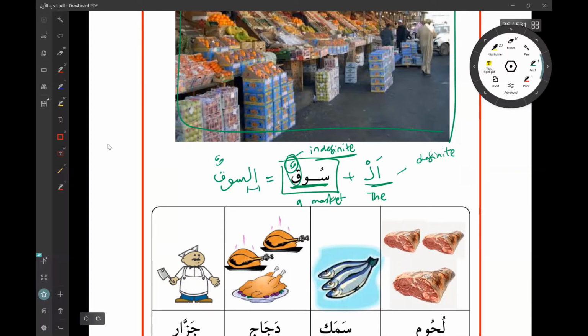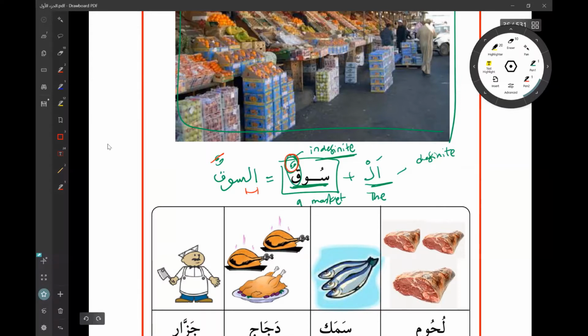Once we add alif lam, we cannot have tanween. Okay, so we have to drop the tanween. When we say we're dropping the tanween, it means that we're just losing it. Tanween basically is two of the same harakat, right? So we can have tanween of dhamma, which is here, un.